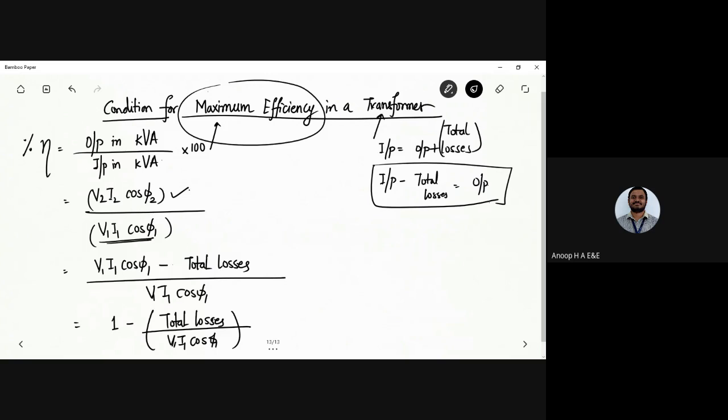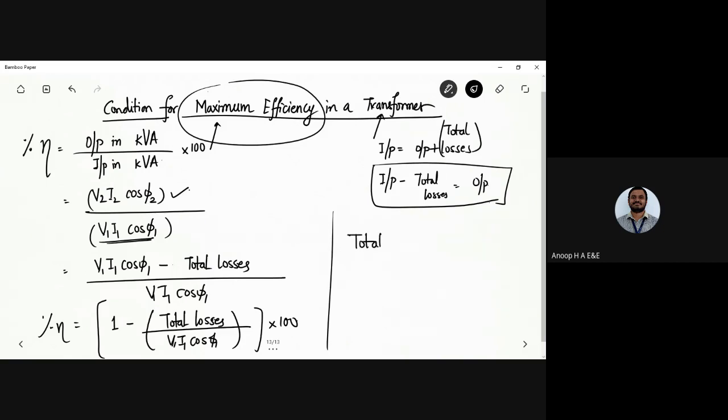Got it? So this is the percentage of efficiency. This whole thing has to be multiplied by 100. Now 1 minus total losses divided by V1 I1 cos phi 1. So now this total losses, whatever that represents, it represents both the iron losses and the copper losses.